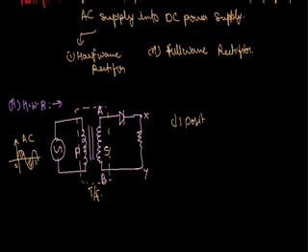In the first positive half cycle, from 0 to T by 2, A will be positive and B negative, and X positive and Y negative. The transformer is used to adjust the voltage according to our requirement. Now here it will be positive and the diode will be on.